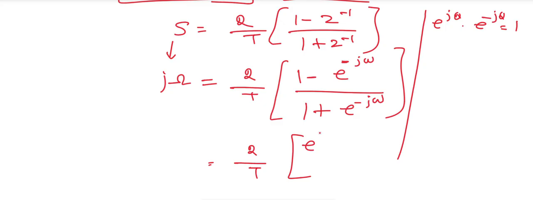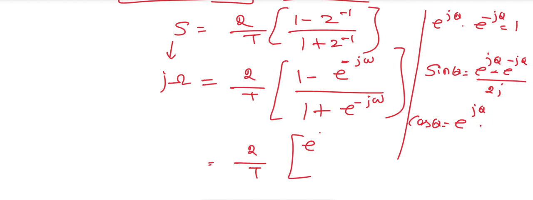Another function you know, sine theta is equal to e power j theta minus e power minus j theta by 2j. Similarly, cos theta is equal to e power j theta plus e power minus j theta by 2.